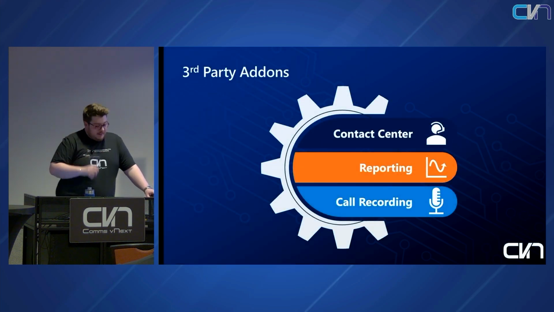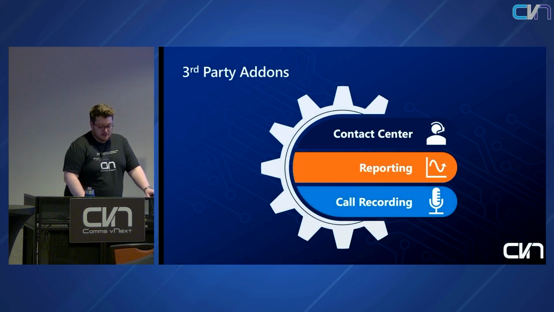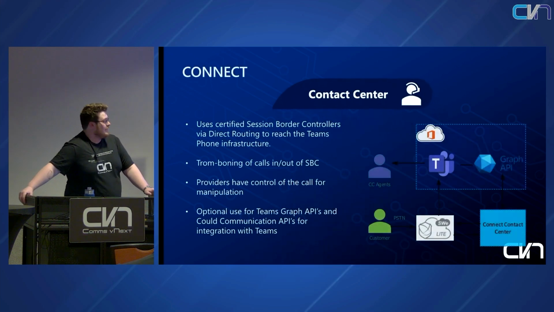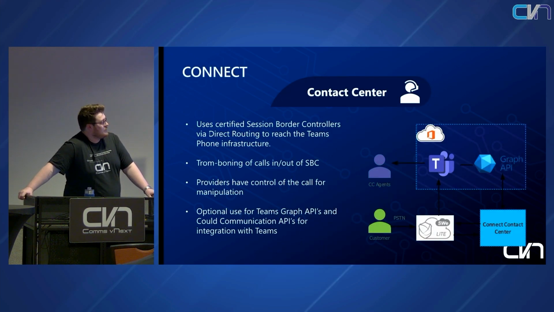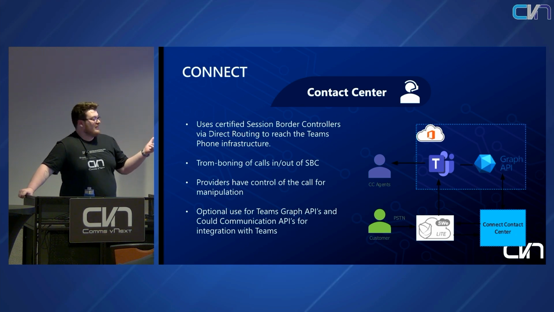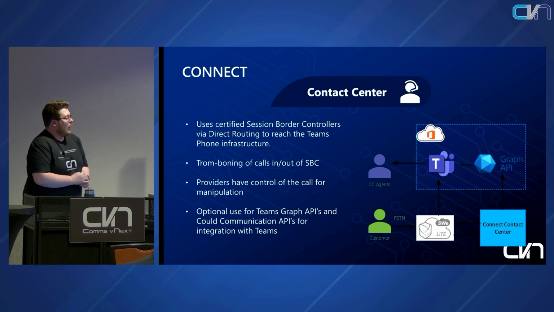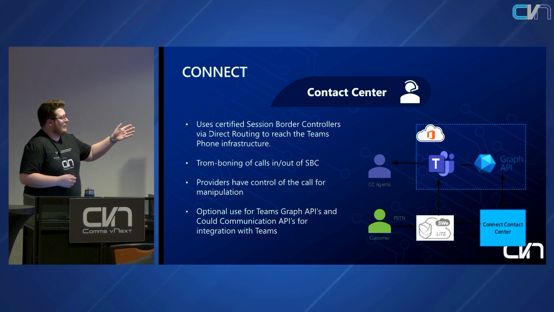So we'll talk around contact centers first of all. Won't go into this too much, but essentially, with contact centers for Microsoft Teams, you have 3 versions of what ISVs can offer. You have a connect model, an extend model, and a power model. This is the connect model.